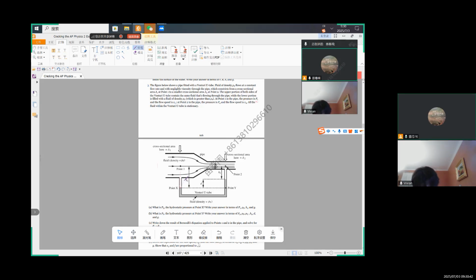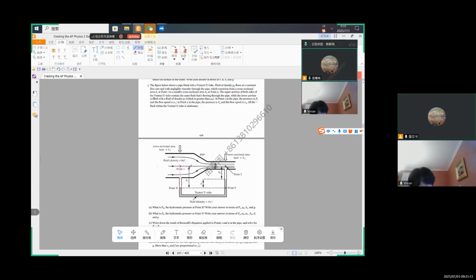What else did it tell us? Oh wait, it's at this point, at point one. At point one in the pipe, the pressure is P1.